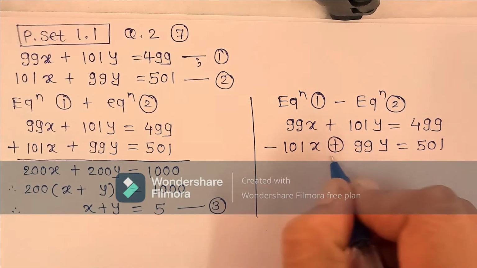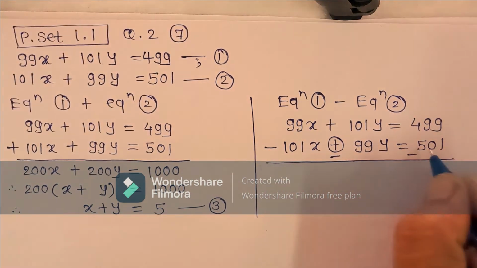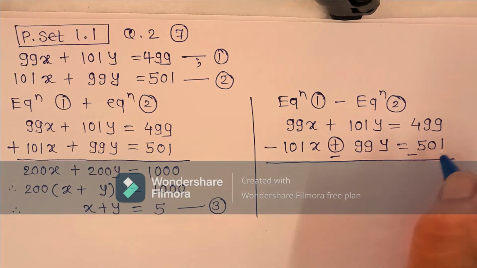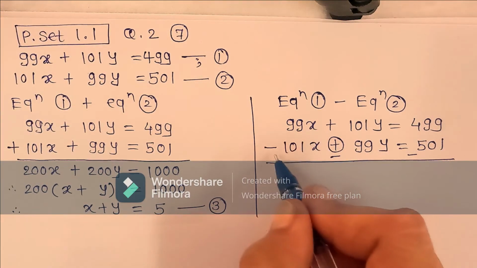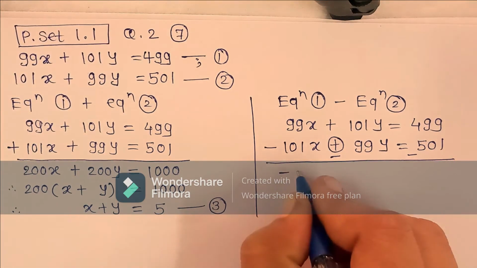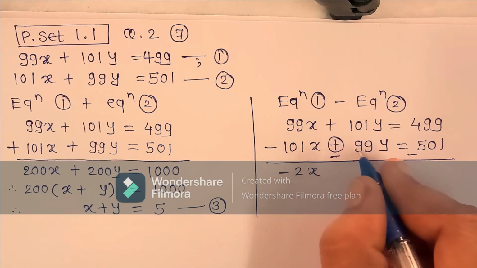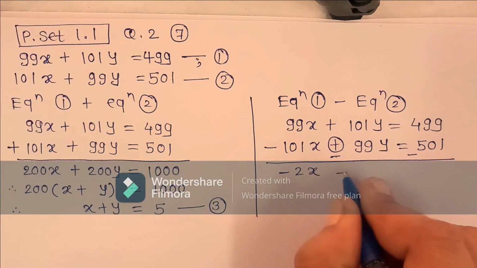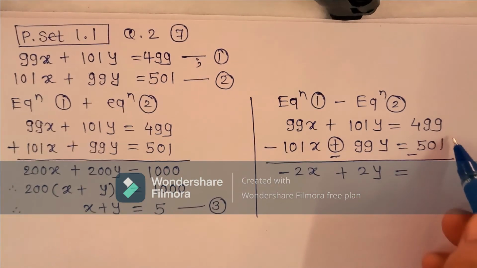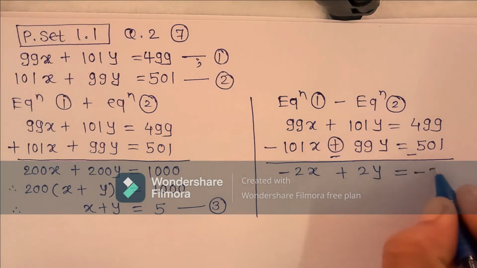It changes the sign of every term. So here plus 501 becomes minus 501. So 99x minus 101x gives you minus 2x. 101y minus 99y gives you plus 2y is equal to 499 minus 501 gives you minus 2.